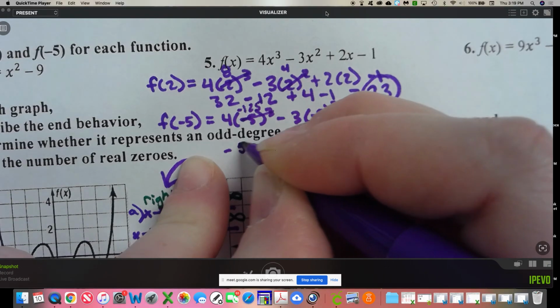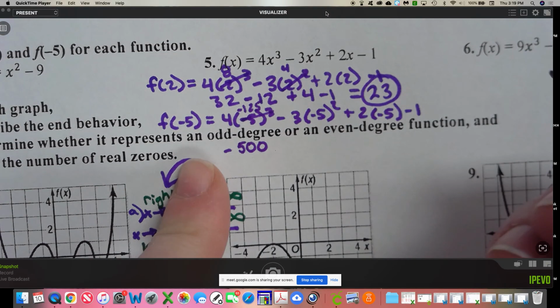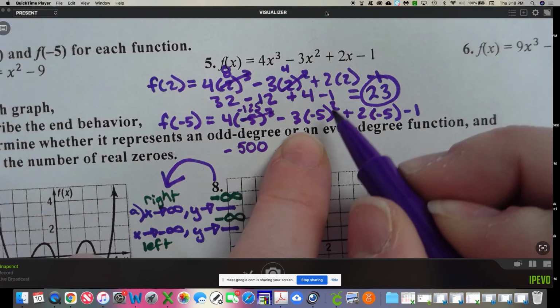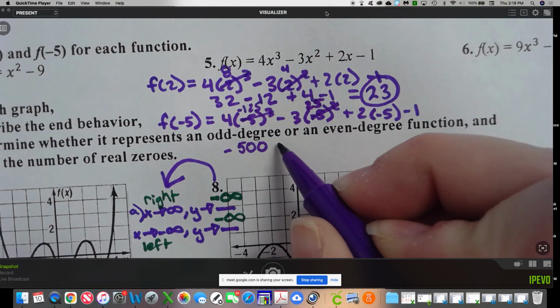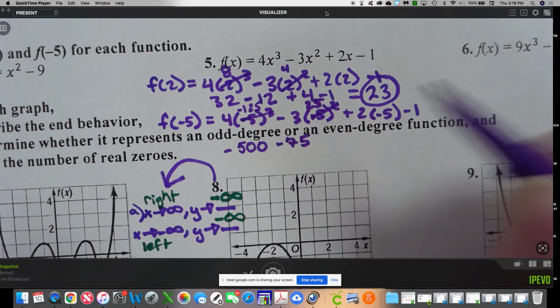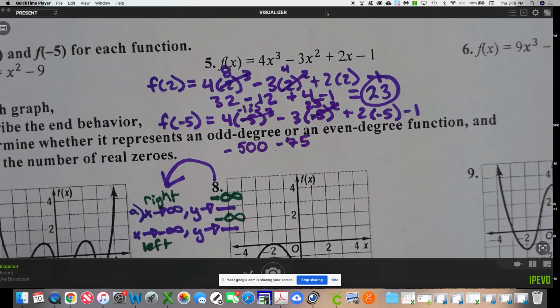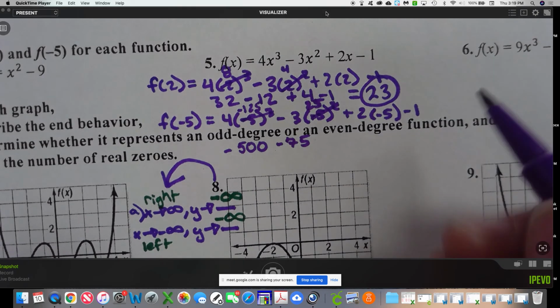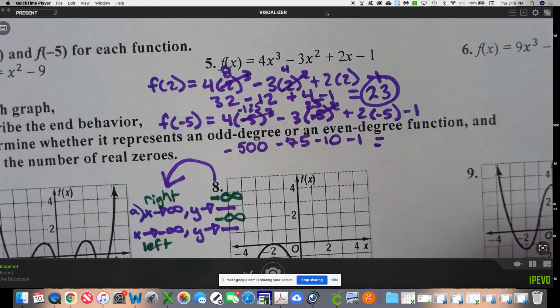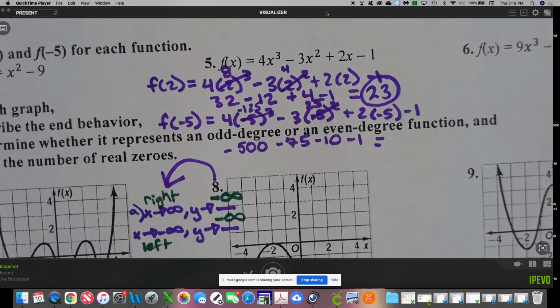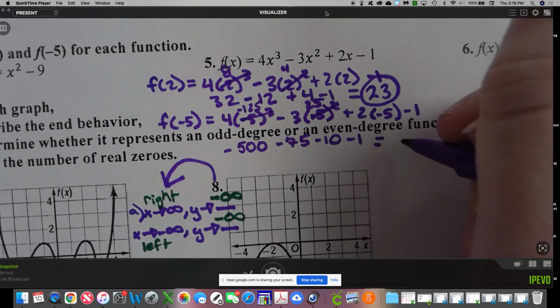Okay, negative 5 squared is 25 times negative 3, negative 75. 2 times negative 5 is negative 10, minus 1. They're all negatives, so we just add them together, right? 500 plus 75 is 575. 575 plus 10 is 585. 585 plus 1 is 586, negative. Whoa, that's a big number.